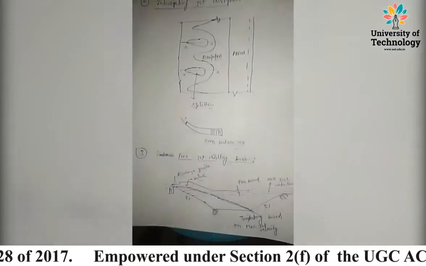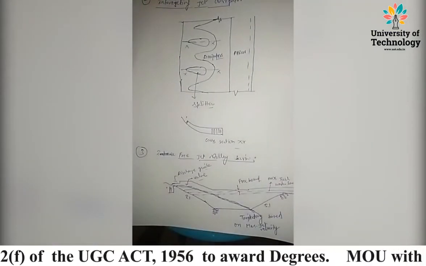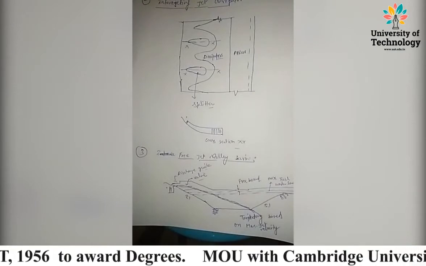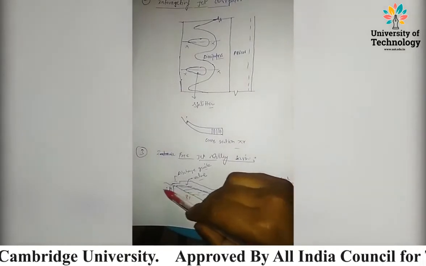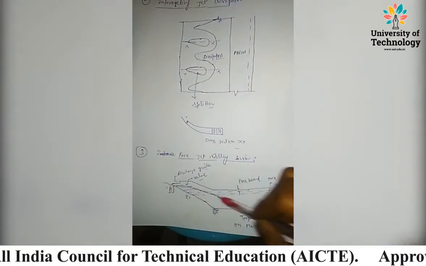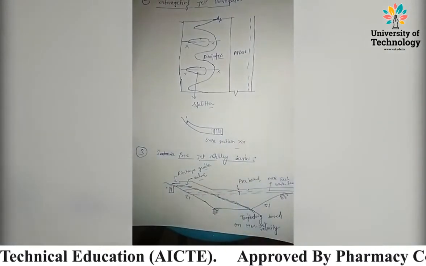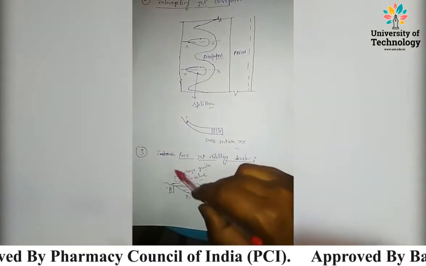Next one is the free jet stilling basin. So what is a free jet stilling basin? Stilling basins are there, the same phenomenon is there. Water comes to the downstream side from these discharge gates, meaning operating systems are there.